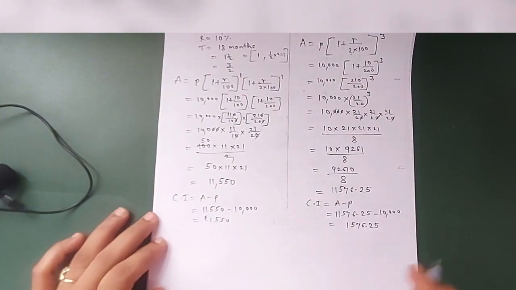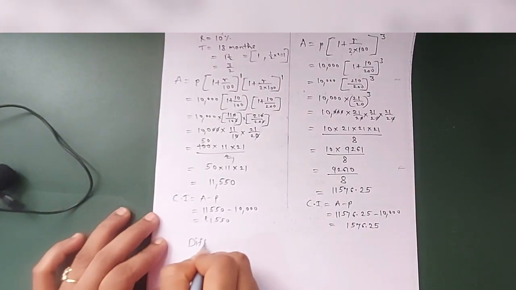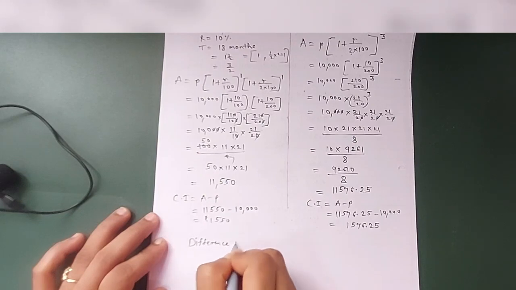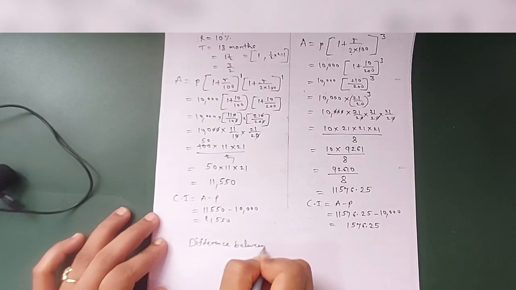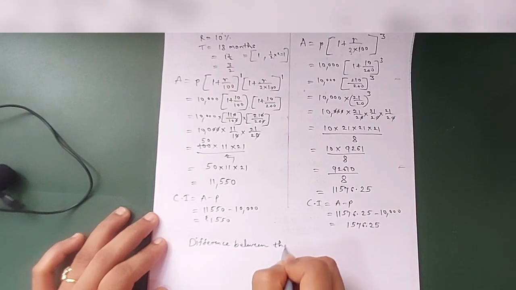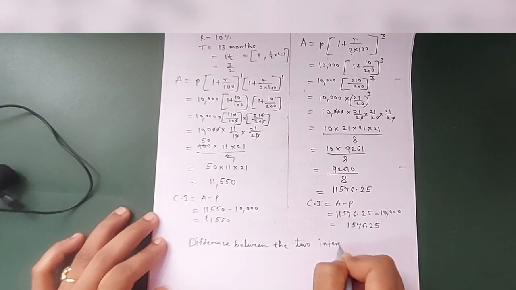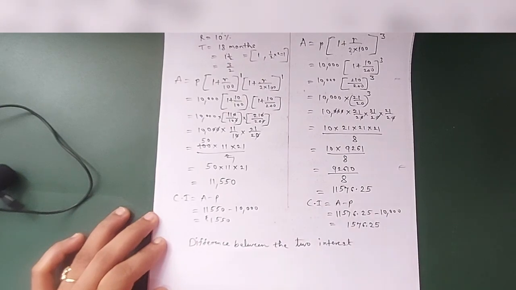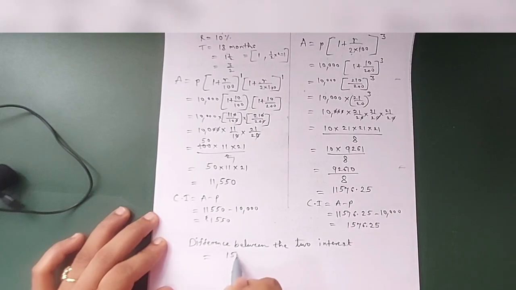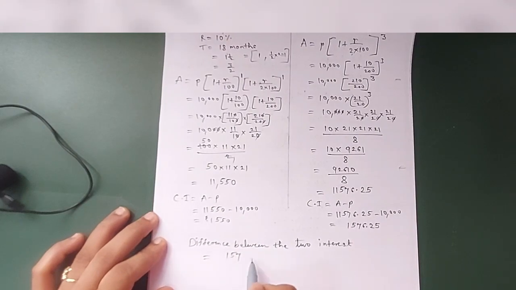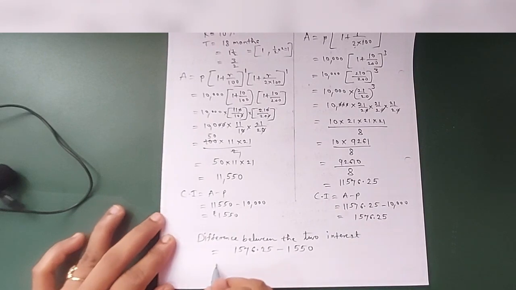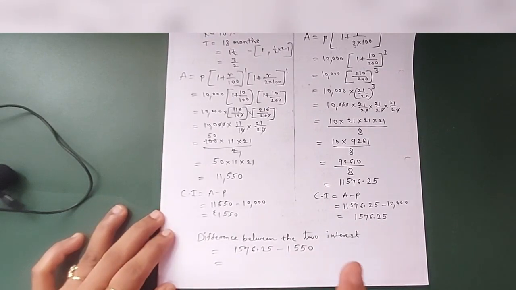So now what I'll write here? Difference between the two interests is equal to, so what you'll write? 1,576.25 minus 1,550. This subtraction, children, though these are small numbers, you have to do very carefully.